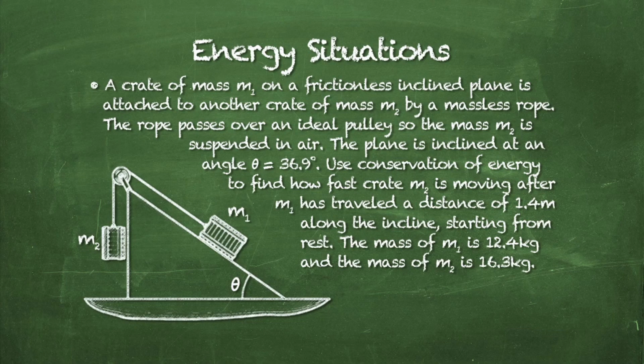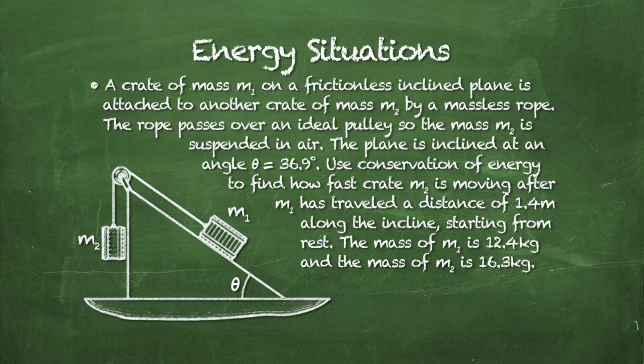Okay, that's a lot of information, but we approach this just like we do any other question. We'll draw our diagram, and we'll list all of our knowns and unknowns. We're already told to consider energy, and we can answer this question.